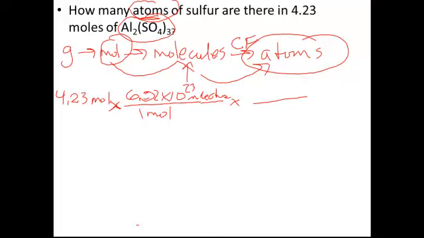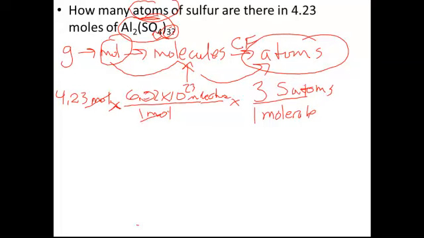How many sulfurs do we have in that one molecule? And hopefully you can see that this 4 only goes to the oxygen, does not go to the sulfur, but the 3 outside the parentheses does go to the sulfur. So we can say that in one molecule of Al2(SO4)3, there are 3 sulfur atoms. And so now we are done.